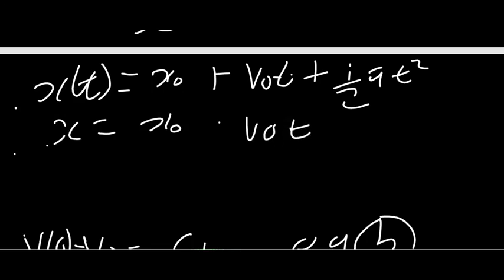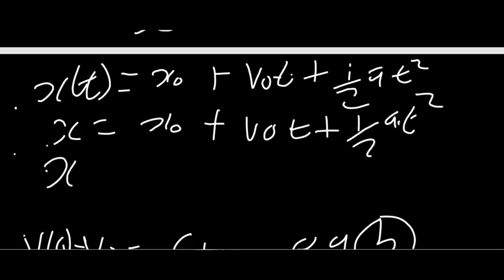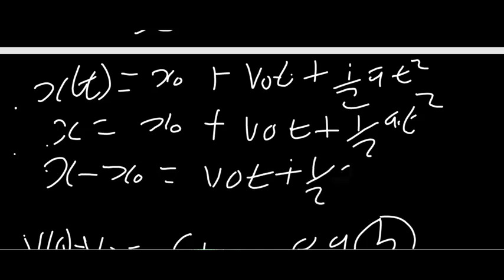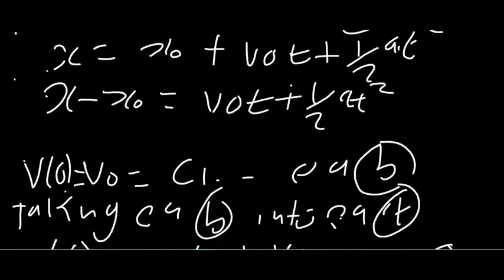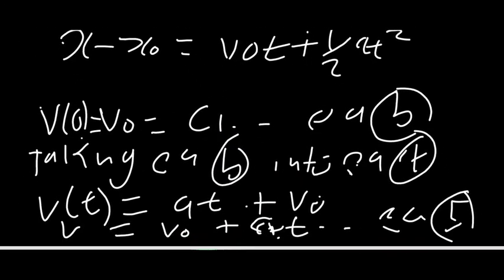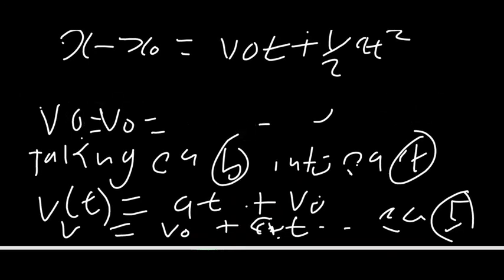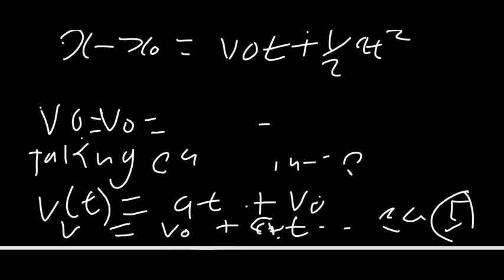Sometimes you can write it this way, because all these are changing with respect to time. Because you're considering x naught to be initial, then 1 over 2 a t squared. So I know you've been seeing this beautiful equation, but you don't know where it came from. But me, I've shown you.